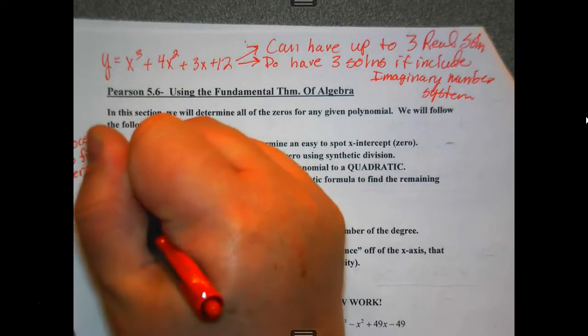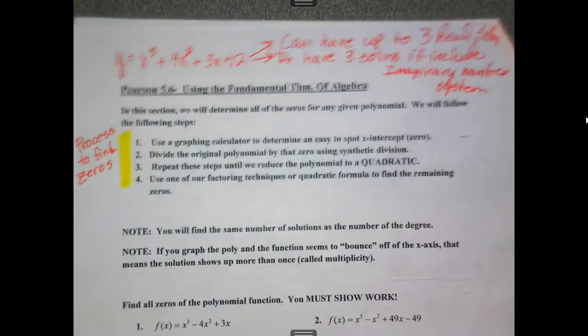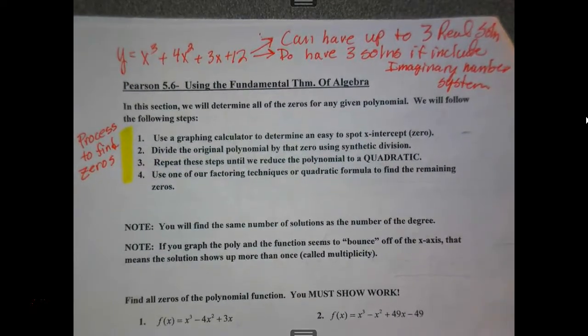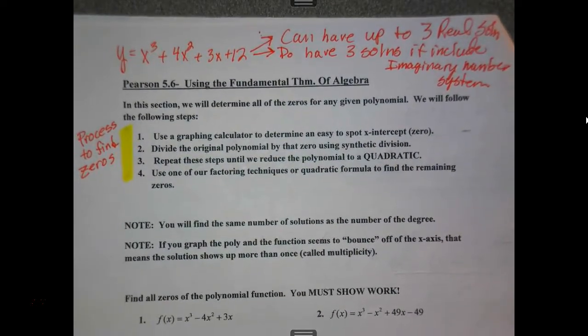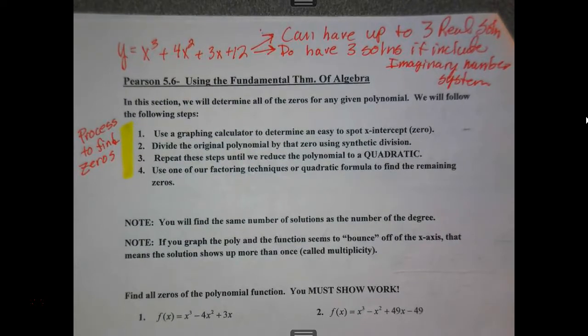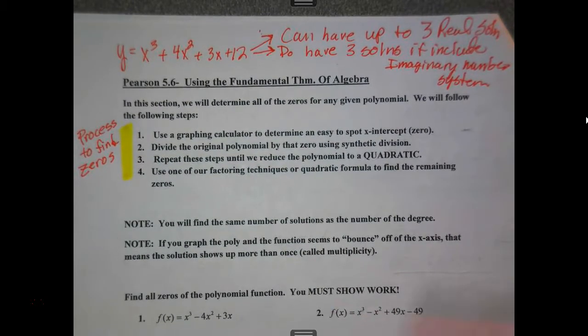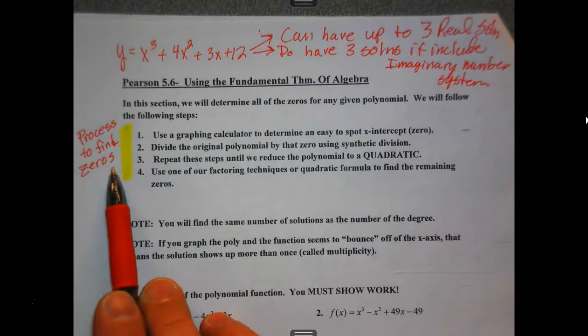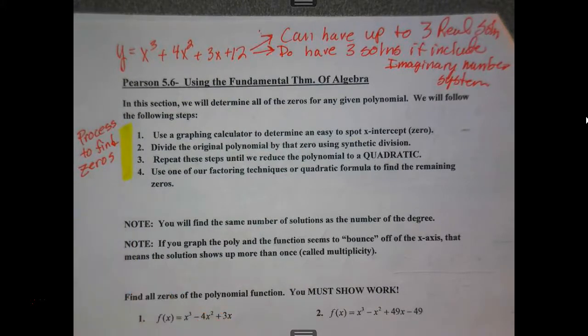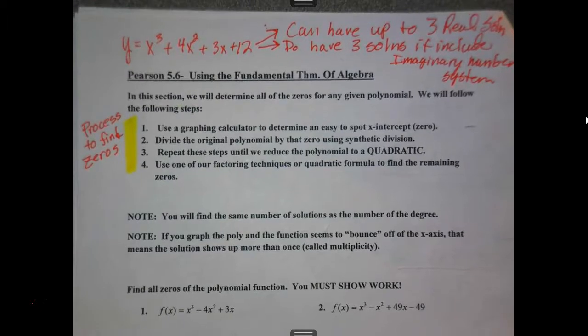Now, when I say zeros, I mean solutions, roots, x-intercepts. They're called a lot of different things. By the way, with solutions or zeros or x-intercepts, what's my y value? When they cross that x-axis, what's the y value? That's right, y equals 0.